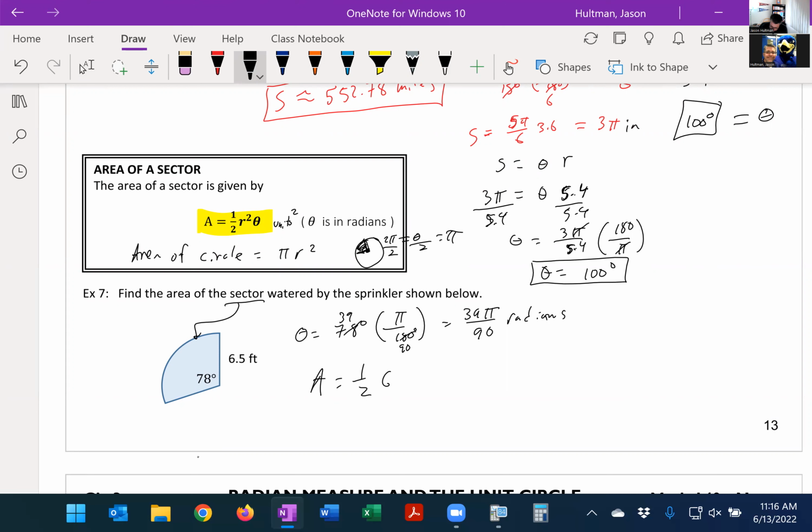What's r? 6.5 squared times theta. But what's theta? Theta is 39 pi over 90. So I've got to plug this whole thing into the calculator, pray I don't make a mistake, and then get out what the area is approximately.